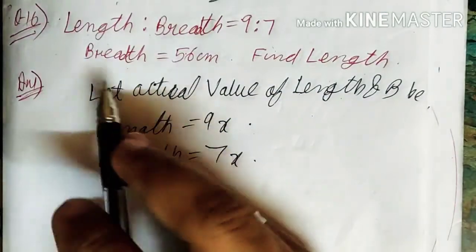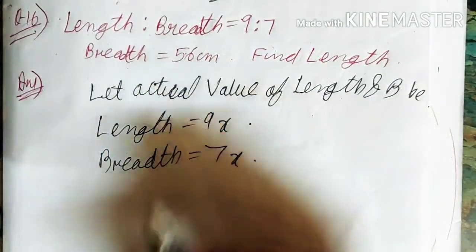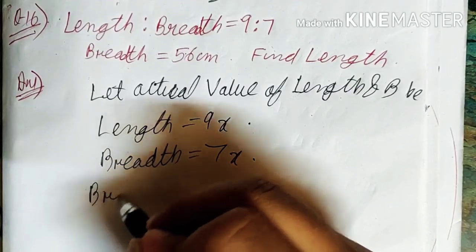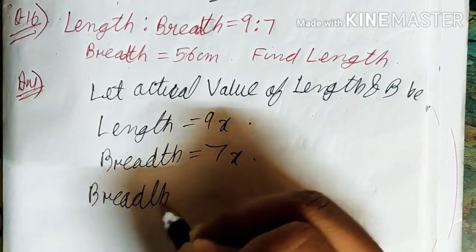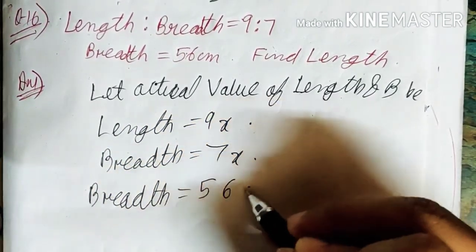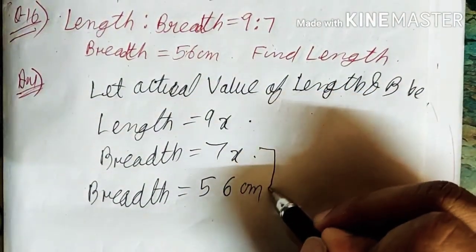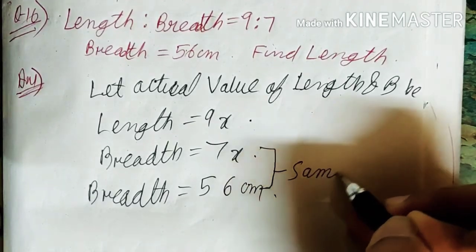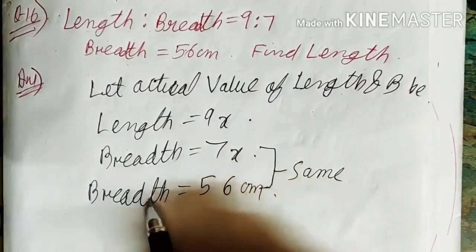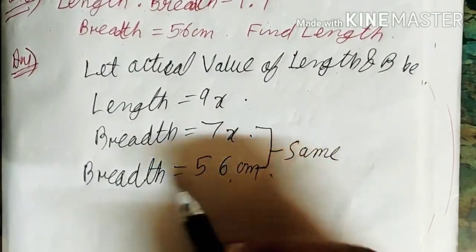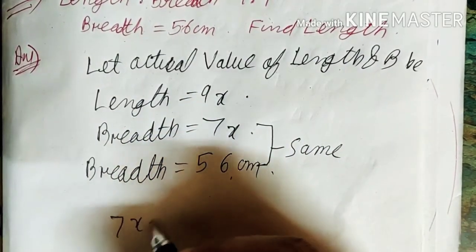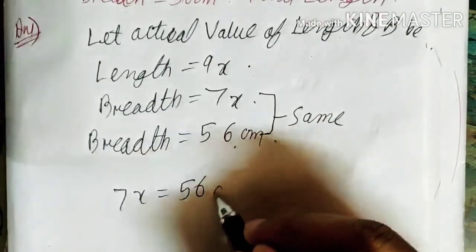As per the question, the value of breadth is given as 56 centimeters. If we see, these are the same. This is also breadth and this is also breadth. So breadth and breadth are the same, means 7x is given as 56 centimeter.